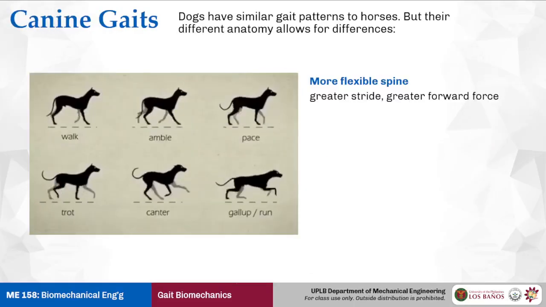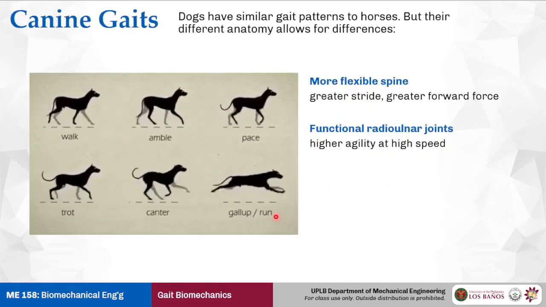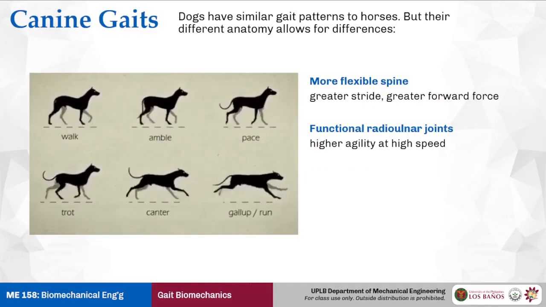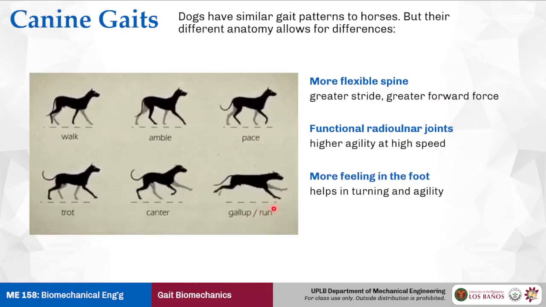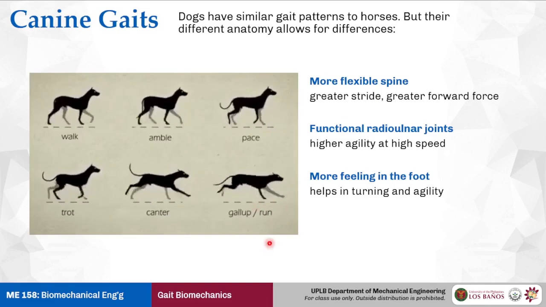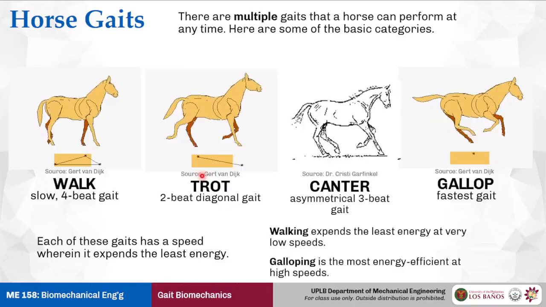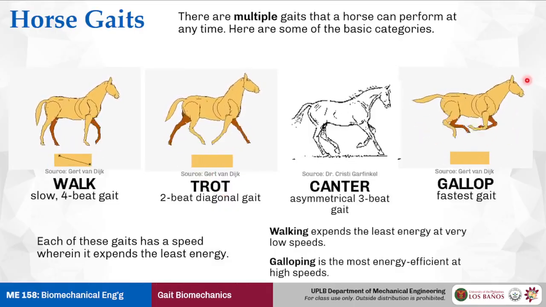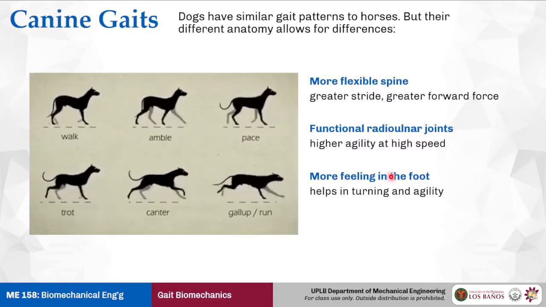But the dog retains some of this functionality, so they are able to turn very quickly even though they're running really fast. Also, they are able to feel the ground a little more. If you recall, the dog usually has four toes on the ground. The horse has sacrificed its toes and only has one left, and this helps towards energy efficiency during running. But they feel the ground a little less.